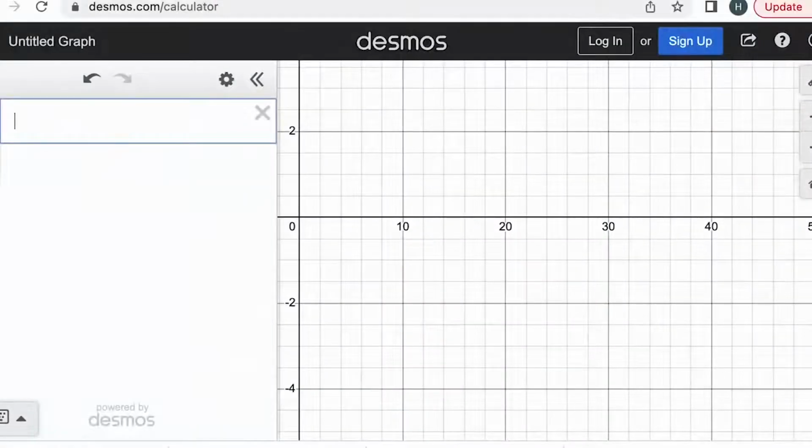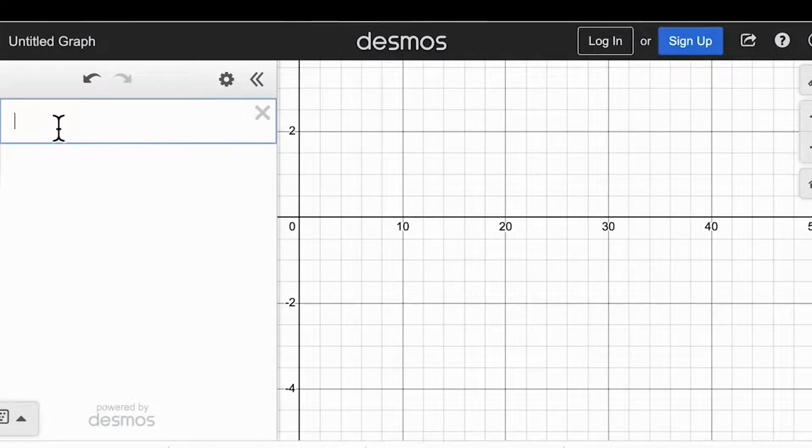So, this is the Desmos.com calculator, and it gives the graph here, and the equation is to be written here. Ours is a parametric equation. So, we will be writing it in parentheses. The x is v naught by omega, we are taking 1, and it will be omega t, which is our parameter. So, we will write it t.